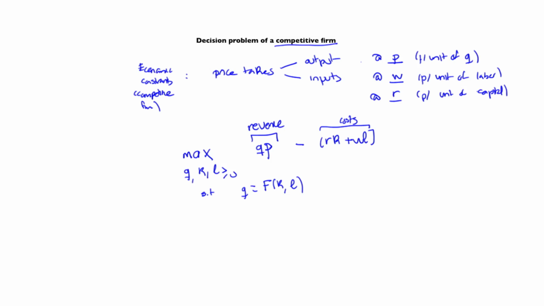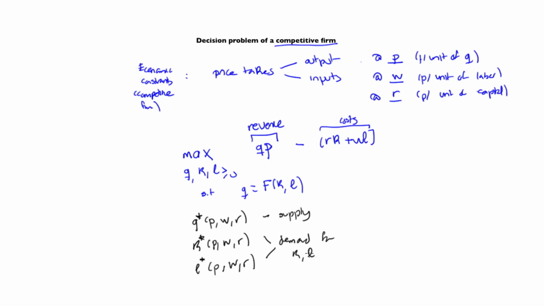Now, we're going to denote the solution to this problem as Q star of P, W, R, K star of P, W, R, and L star of P, W, R. Notice that this is the supply of the firm and this is the demand for capital and labor.